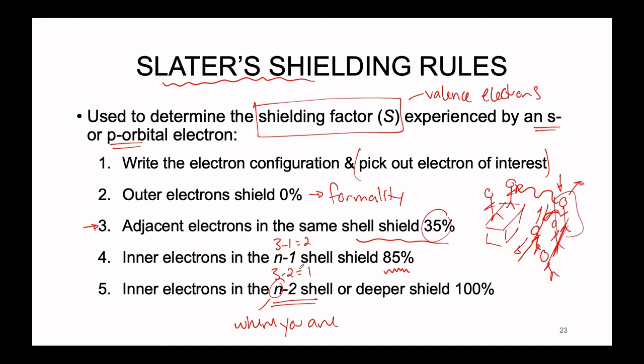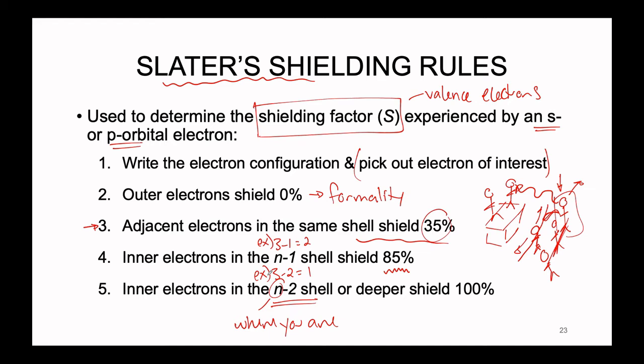So we're looking layer by layer closer and closer to the nucleus. Right, so this is a hypothetical. This is an example situation. It's not always going to be 3. If we are in the 4s orbital, then our n is going to equal 4.